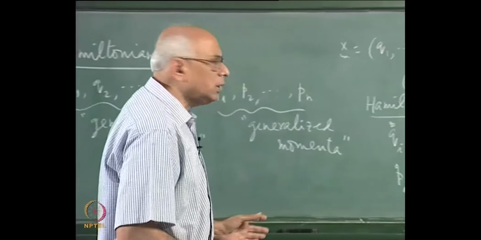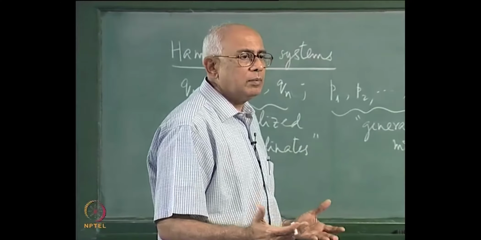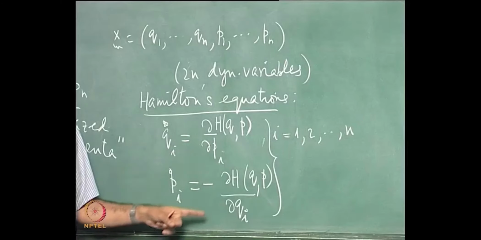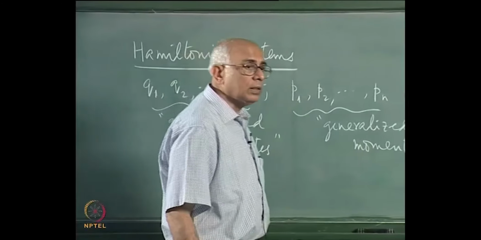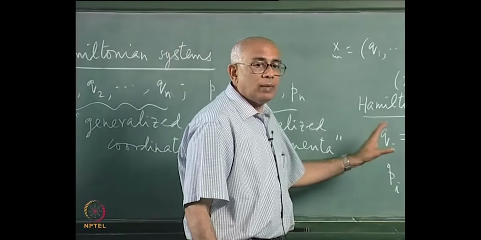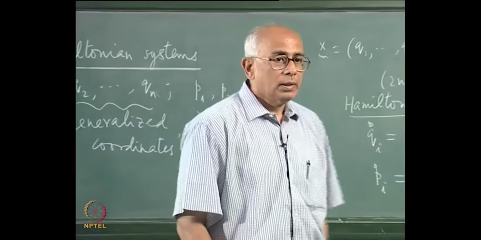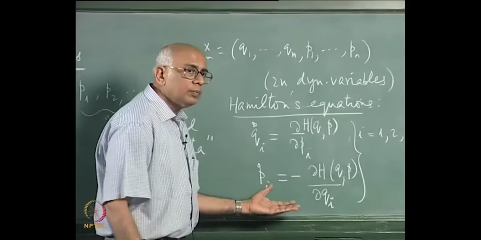But right now I am doing this in a very abstract way. I am simply saying that if a dynamical system is even dimensional and has this kind of structure with certain additional properties which I am going to write down regarding the way the q's and p's are related to each other, then it is called a Hamiltonian system. Okay. So let us step back and ask, is this a gradient system?